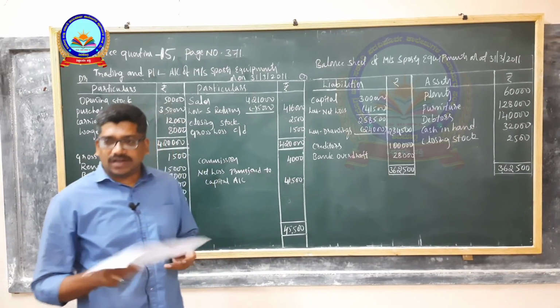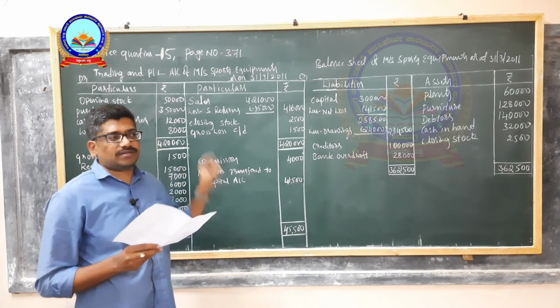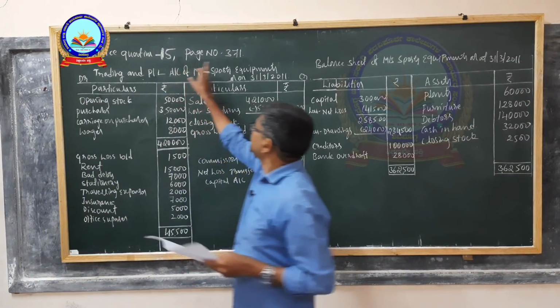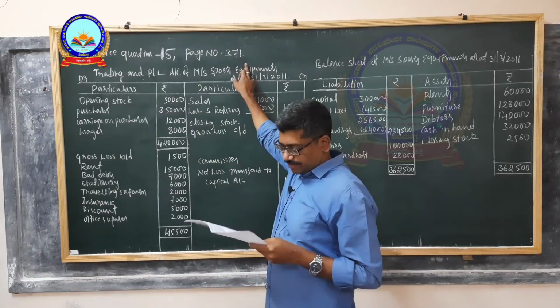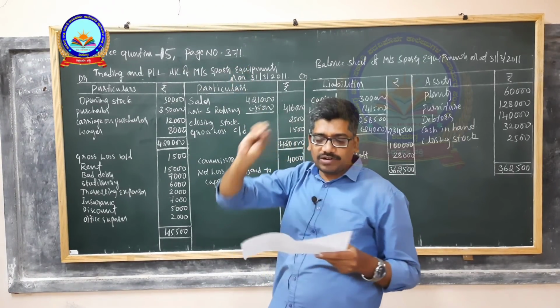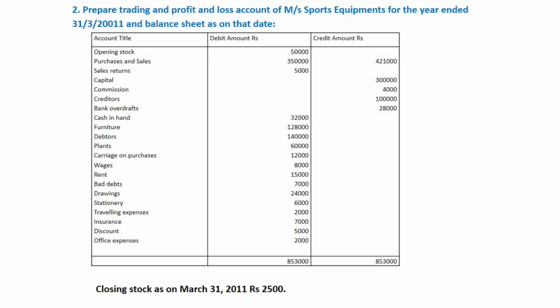So now all of you go to the practice question, question number 15, page number 371. I will read out the problem, all of you observe it. Prepare trading and profit and loss account of Mrs. Sports Equipments for the year ended 31st March 2011 and balance sheet as on that date.